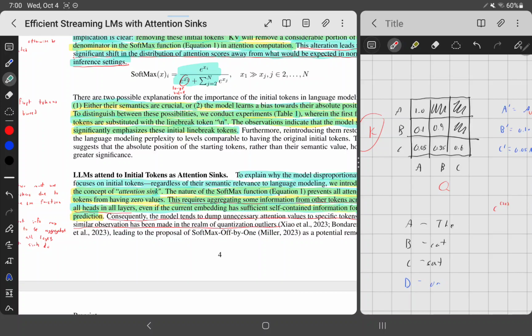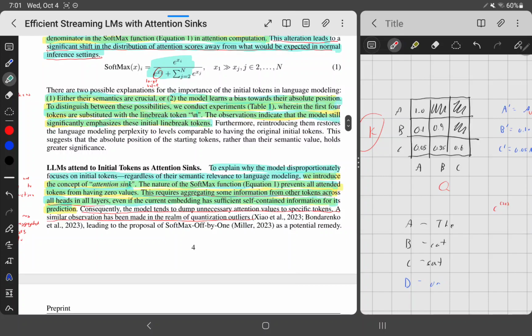But yeah, basically the model will send a lot of information to some of these initial tokens because it needs to aggregate some information across layers. And the only way to do that is if you have these kind of trash tokens that just accept information, and you can kind of throw information in, keep on compiling information into these tokens and take information out. I guess you can think of it that way, like a read and write operation, what these tokens are used for.